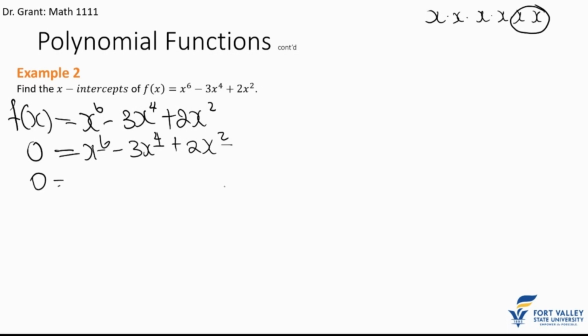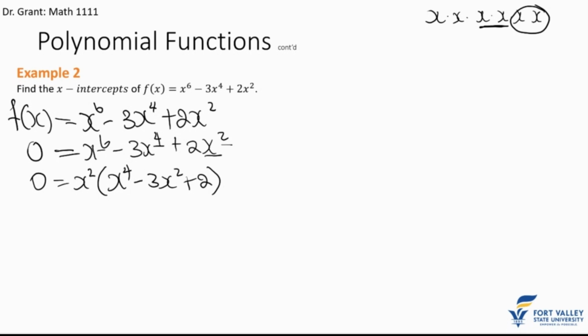So let me record that. If I factor out x squared here, for the x to the 6th, I will be left with x to the 4th power. Then for the x to the 4th, if I pull out x squared, I'm left with x squared. And then here, if I pull out x squared, I'm just left with 2.